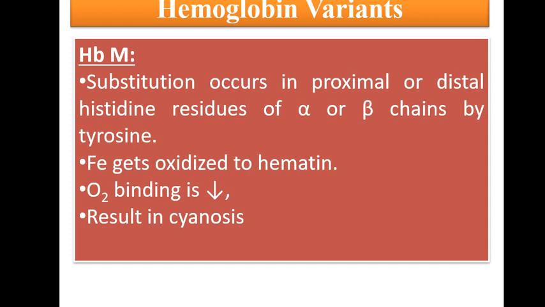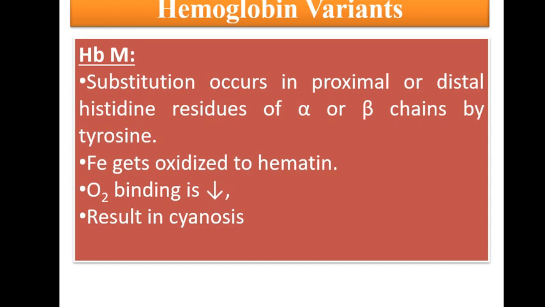The iron gets oxidized to hematin, because it cannot form a bond with tyrosine. It can only form bonding with the histidine residue. I told you iron has a valency of 6, and one of the bonds is not binding and is free, so it gets oxidized.